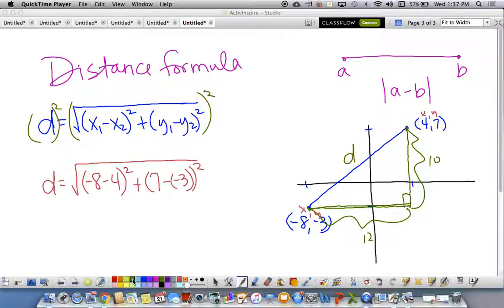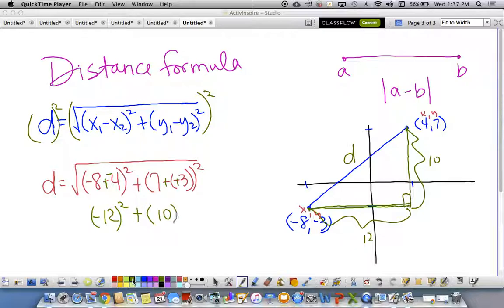Now, how do you subtract with the positives and negatives? Negative 8 minus 4 is, add the opposite, what do you get? Negative 12 squared. Now, 7 minus negative 3, what do you do? Add the opposite, and you get what?